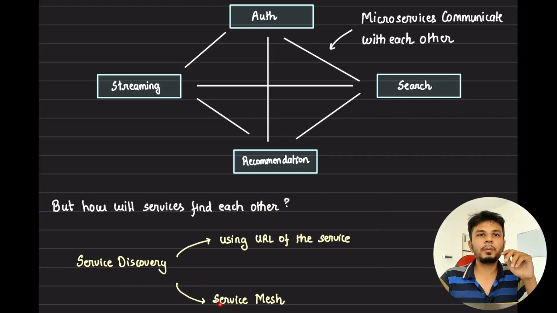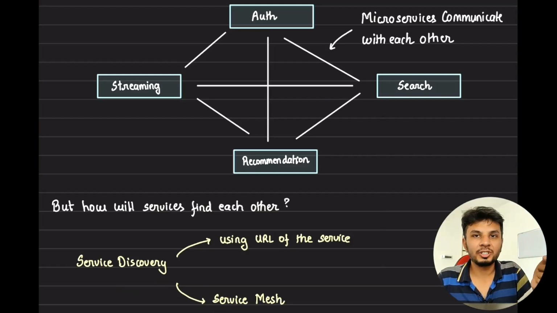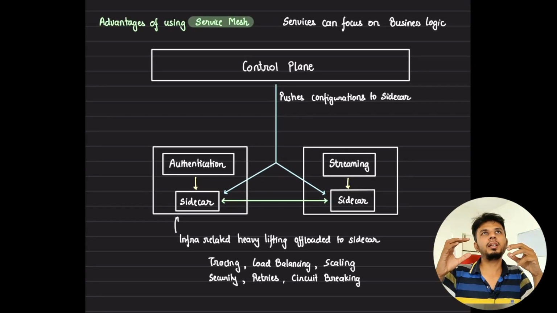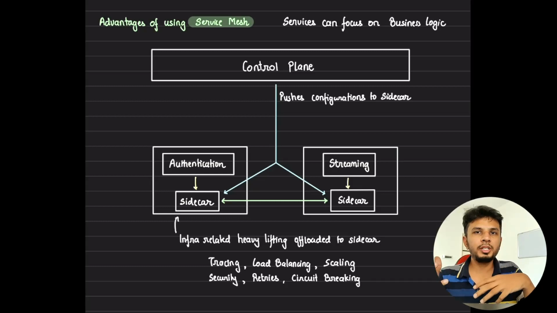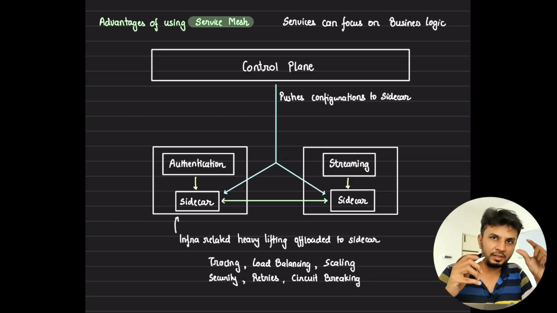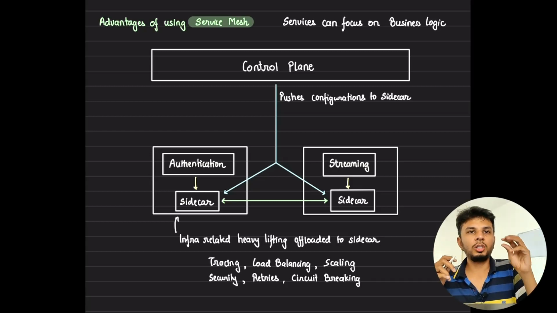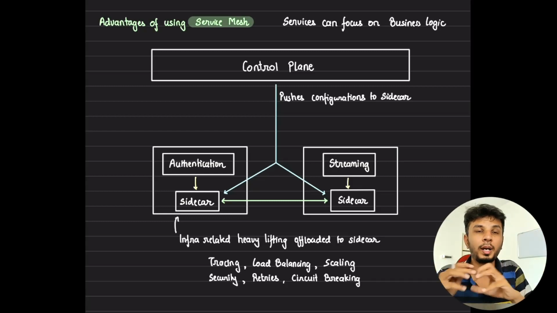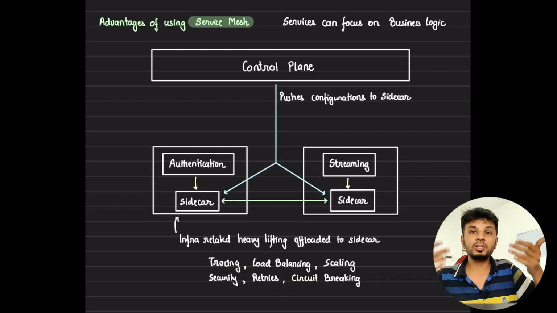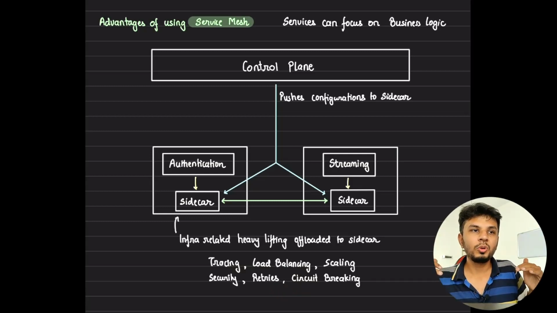So service discovery, the popular way of doing it is called a service mesh. So what is a service mesh? Service mesh is a way through which multiple services can talk to each other such that the services only need to focus on the business logic side of things, while all the heavy lifting around, for example, tracing, load balancing, scaling, security, retry, circuit breaking is all offloaded to a sidecar.